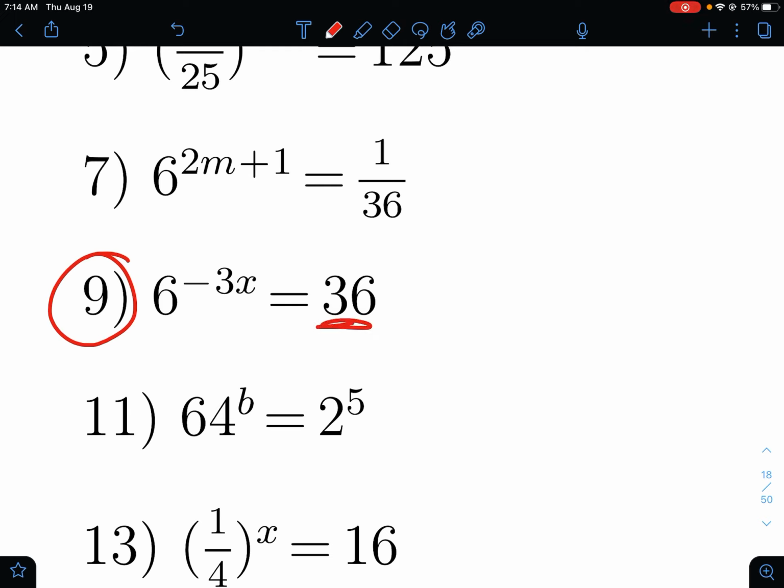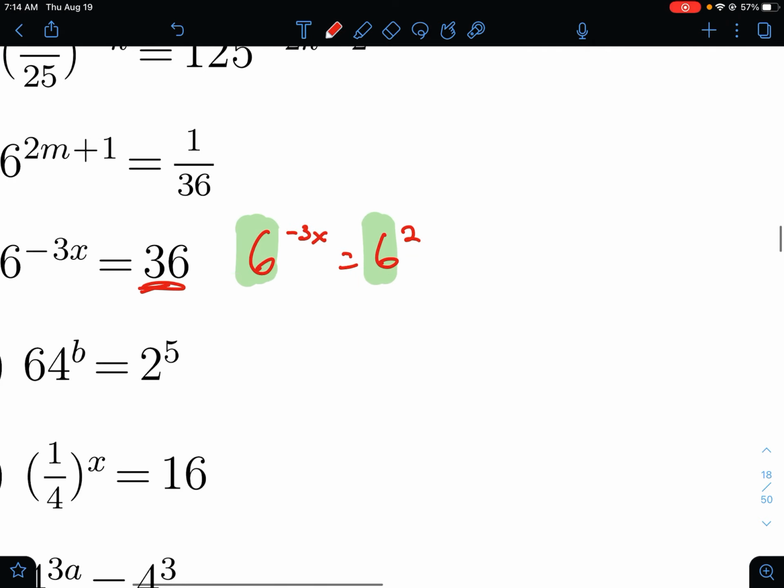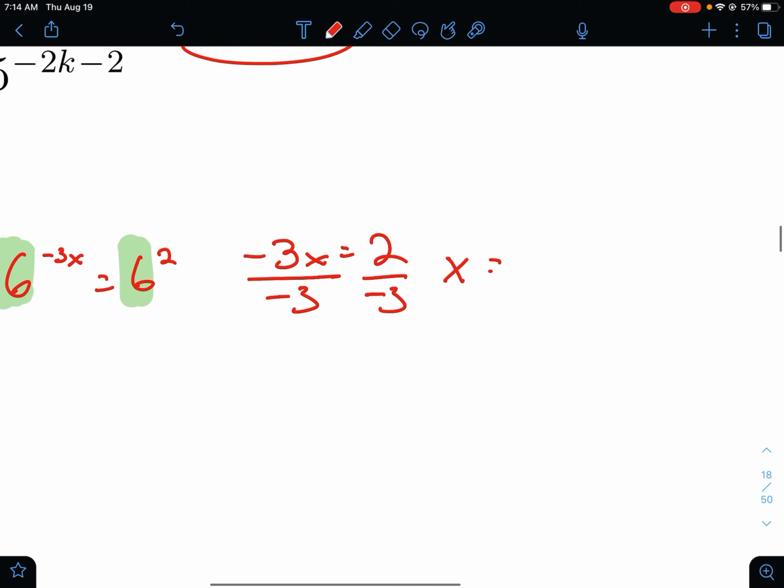Well, 36 is equal to 6 squared. So I can replace it with 6 squared. So I get 6 to the negative 3x equals 6 squared. Now I've got my same base, so I can set those exponents equal to each other. So I'd say negative 3x equals 2. Divide by negative 3. I get that x is negative 2/3.